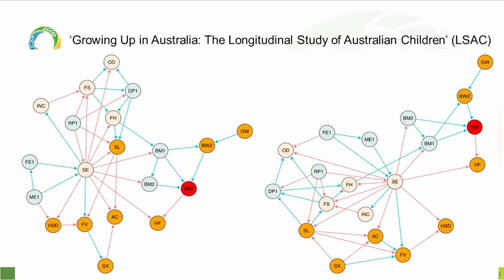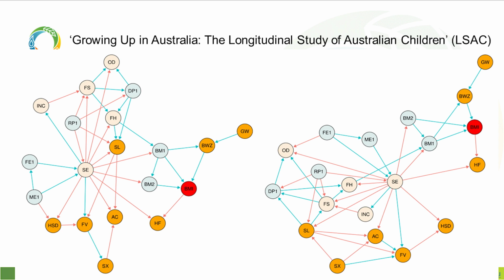The orange nodes are the child-related variables. The blue nodes are the parents or carers related variables, and the whitish nodes are the family or external factors. The red edges correspond to negative relationships, and the blue ones are positive relationships.